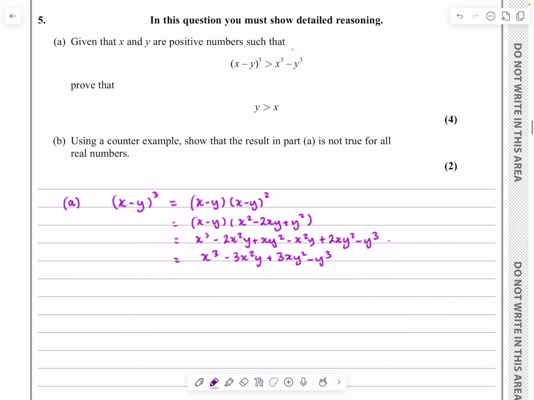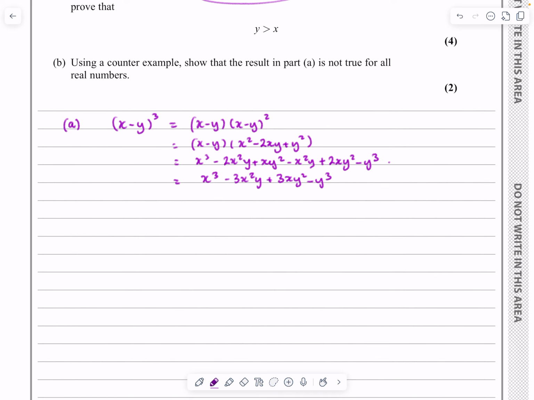So now I'm going to start off with this part here. If (x minus y) all cubed is greater than x cubed minus y cubed, let's try it. x cubed minus 3x squared y plus 3xy squared minus y cubed. We've been told that that's greater than x cubed minus y cubed.